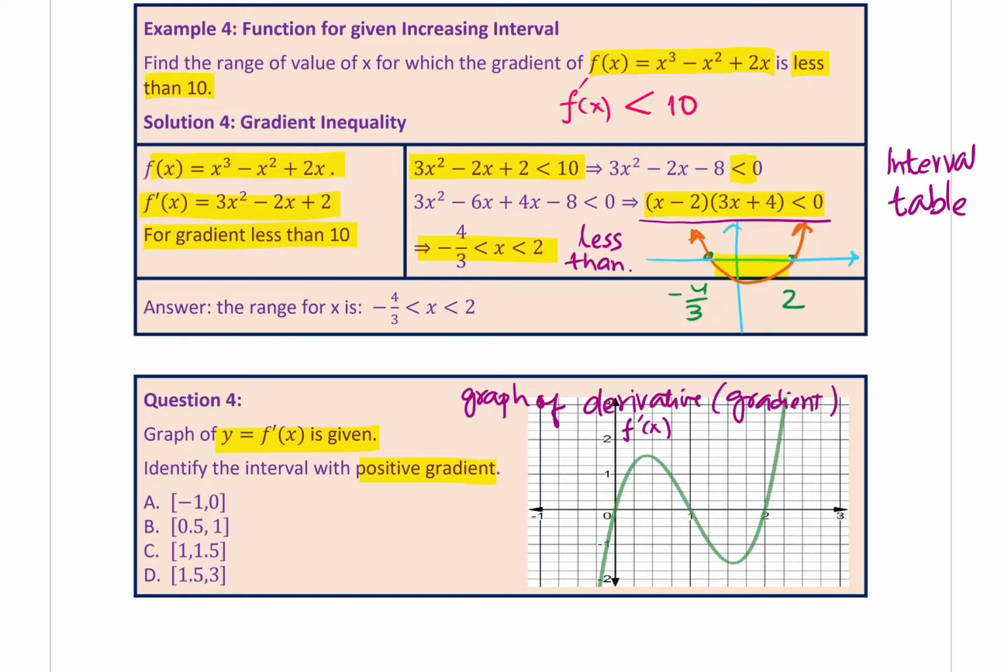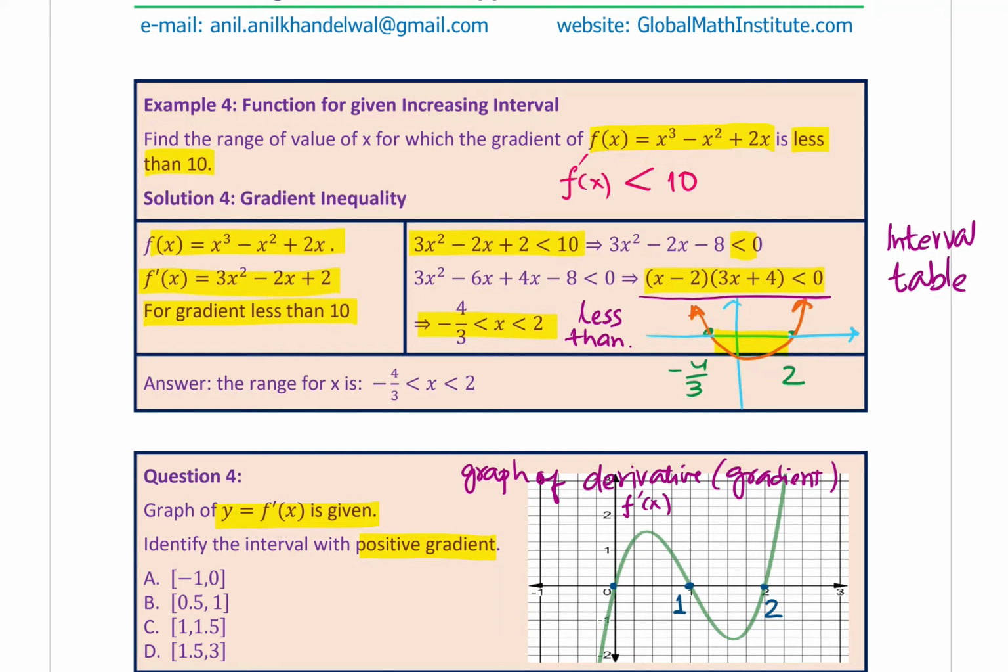So in this graph, you need to identify the interval with positive gradient. 4 choices are given to you. You can actually pause the video, answer this particular question, and then look into my suggestions. So let me tell you that these points here are 0, 1, and 2. They're very small to read. So this point is at 1 and this point is at 2. Is that clear to you? Now, the choices are A, minus 1 to 0, B, 0.5 to 1, C, 1 to 1.5, and D is 1.5 to 3. Okay, so post the solutions and I'll check and suggest.